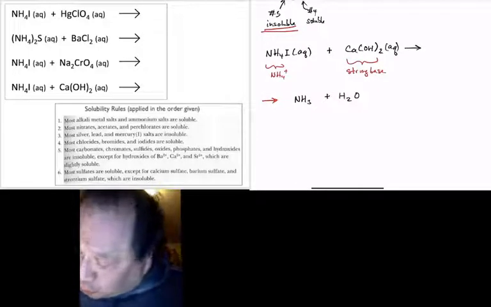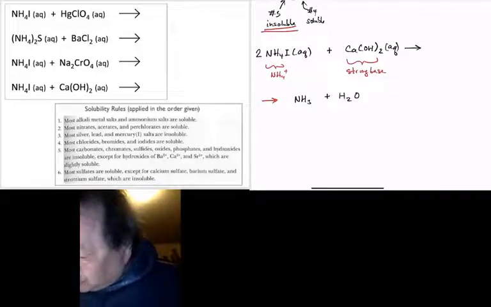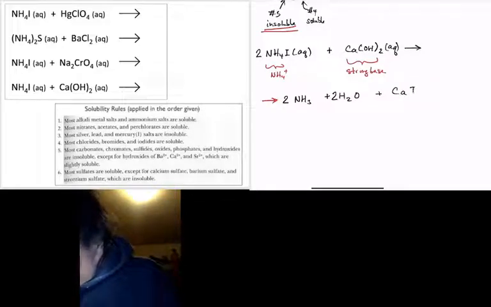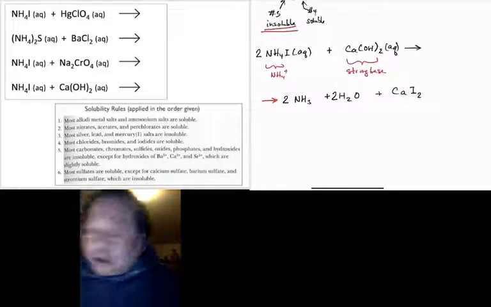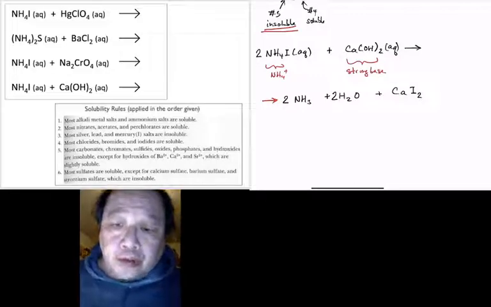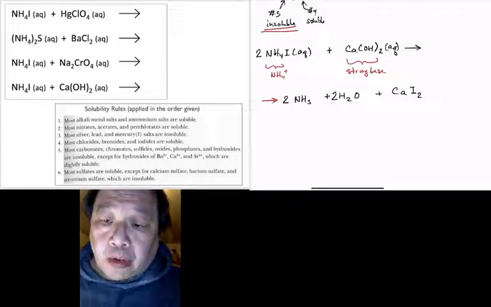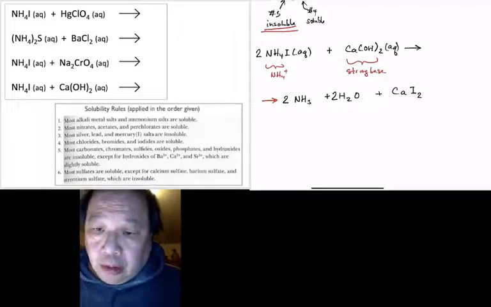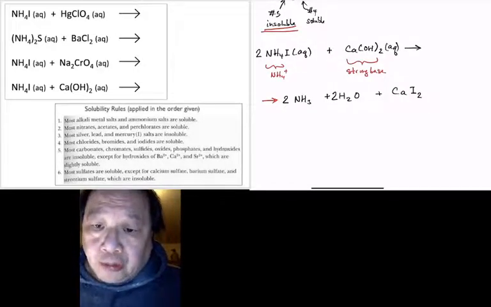And so 2 of these will react to make 2 of these, plus 2 waters, plus then there's going to be a calcium I2 by balancing. And is calcium I2 aqueous or a solid? Iodides are in rule number 4.